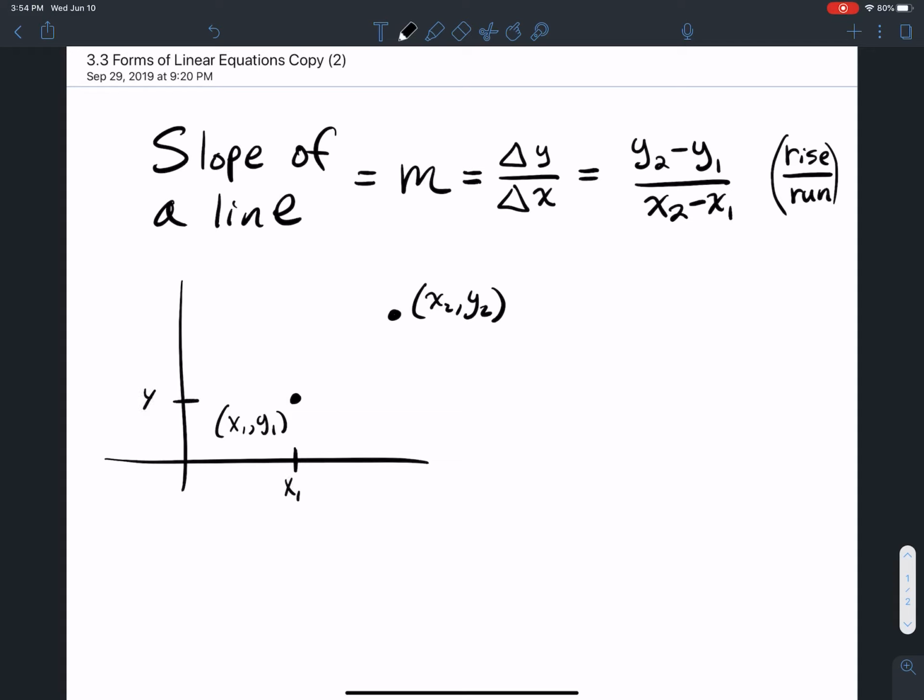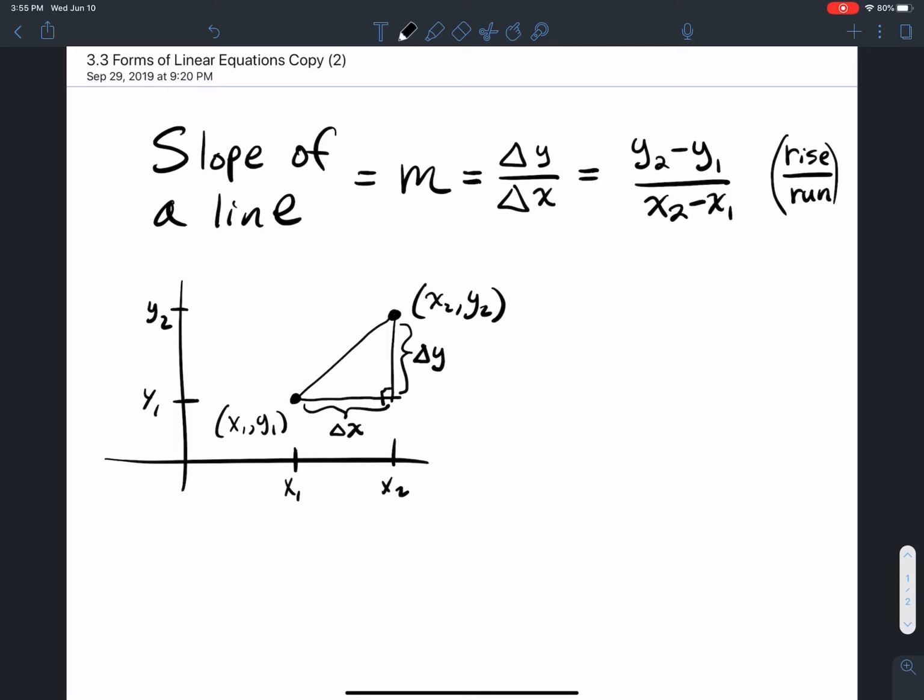This is y1. Down here, that's x2, and this is y2. So that slope is the change in y divided by the change in x. This change in y right here is the delta y, and this is the change in x, the delta x. How much x changes versus how much y changes.